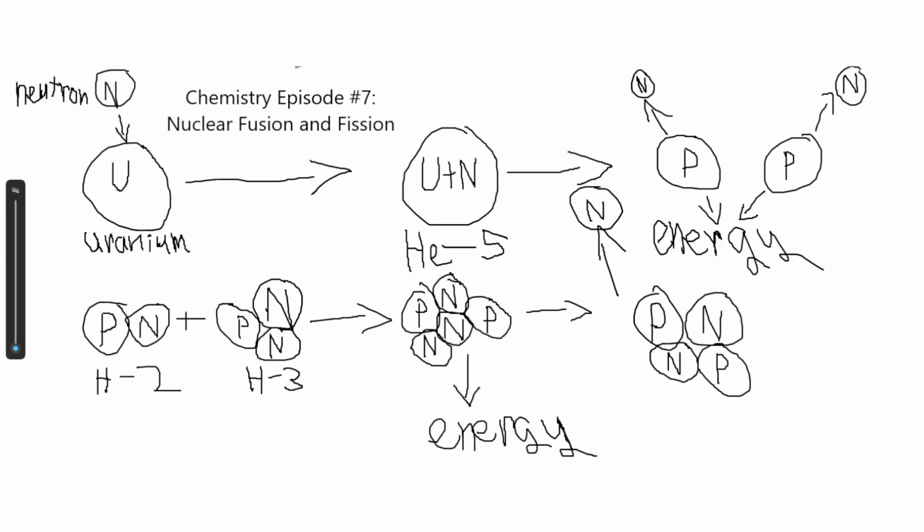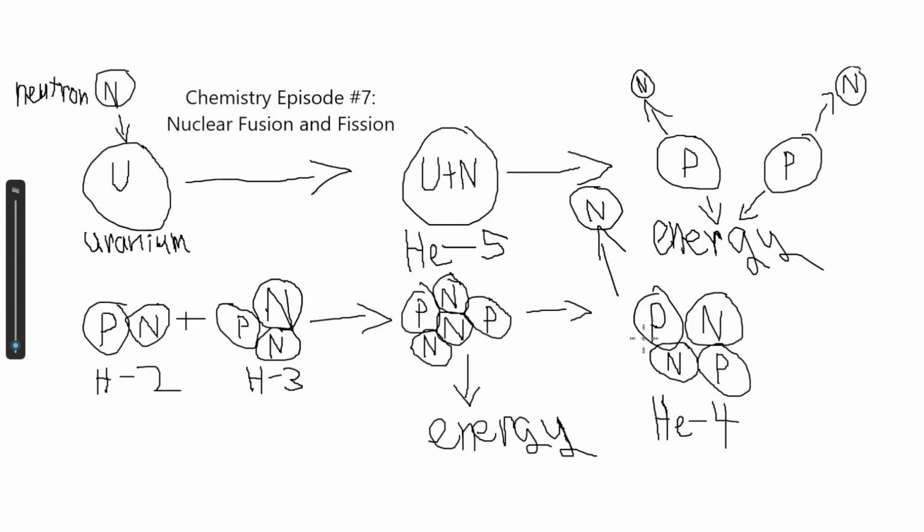In this case, this would be neutron decay, because it's sending out a neutron, right? The helium-5 sent out a neutron and became helium-4, which is stable.